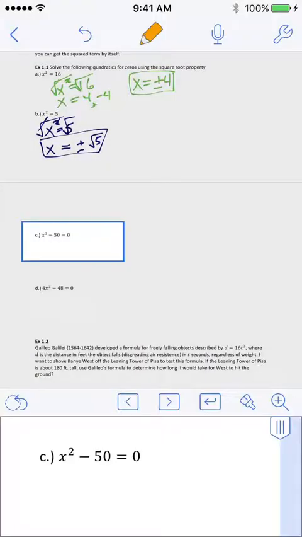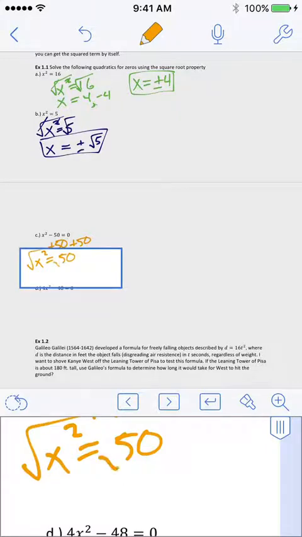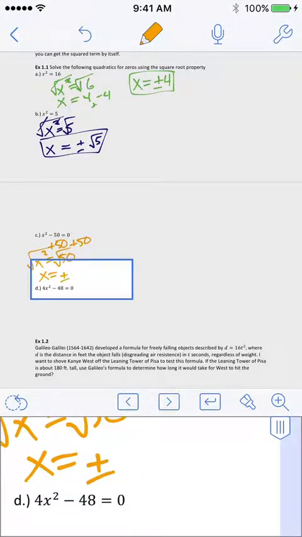Sometimes you have additional things you need to take care of as well, just like we've seen in all the other solving equations, right? Again, the basic philosophy is start as far away from the variable as you can. So I'm going to start by adding 50 to both sides, get rid of that guy first. x squared is equal to 50, and then I will take care of the squared part. So I'll take the square root of both sides. I get x is equal to plus or minus, oh, sorry, not 50, the square root of 50.